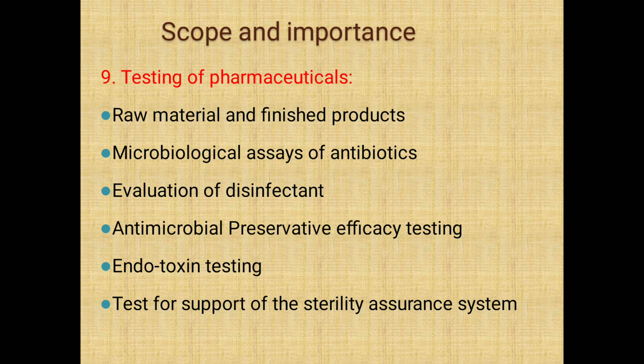So that's why these products should be free from those bacterial species which are harmful to human beings. For example, Escherichia coli, Salmonella typhi, Pseudomonas aeruginosa, Staphylococcus aureus, their presence must be detected in these raw materials as well as finished products.